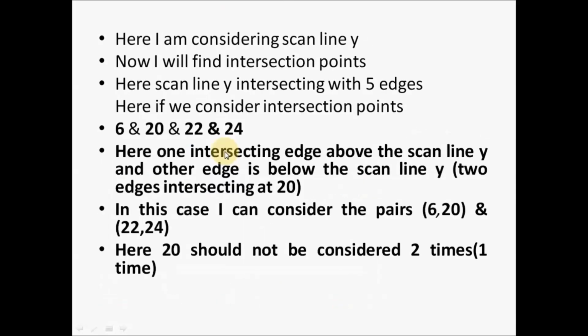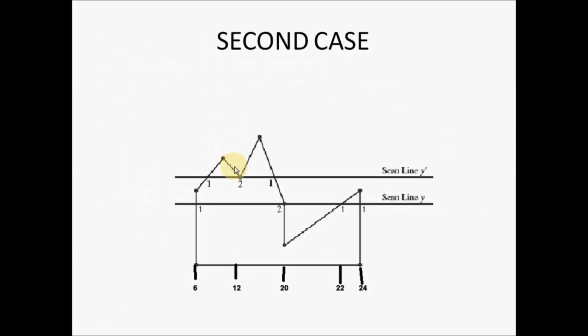See, I will show you. So here, I will find the intersection points for the scan line y. You can see this is one edge, right guys? First edge, second edge. And one more thing I have to tell you, this is 1 2 1. What is this?